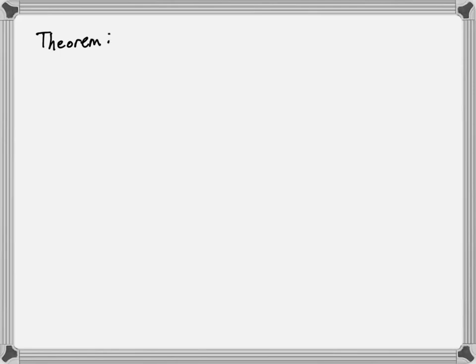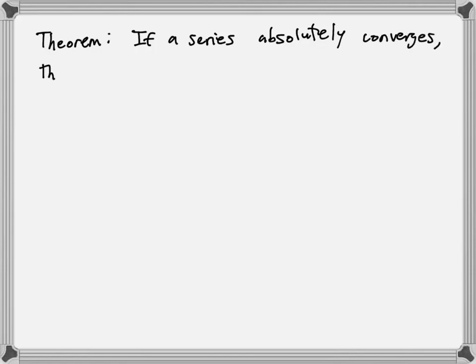Why do we call a series absolutely convergent just because its associated series converges? Well, this theorem will answer that question. If a series absolutely converges, then it also converges.